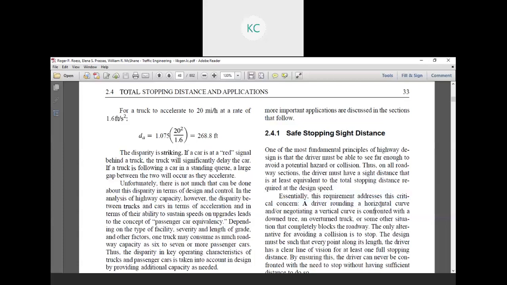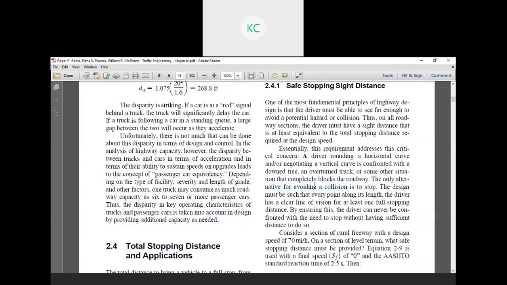Essentially, this requirement addresses the critical concern of a driver rounding a horizontal curve or negotiating a vertical curve and being confronted with a rockfall, an overturned truck, or some other situation that completely blocks the roadway. The alternative for avoiding a collision is to stop. The design must be such that at every point along its length, the driver has a clear line of vision for at least one full stopping distance.